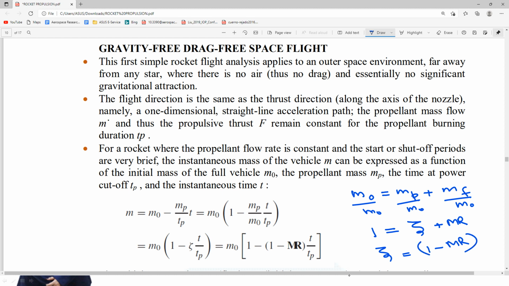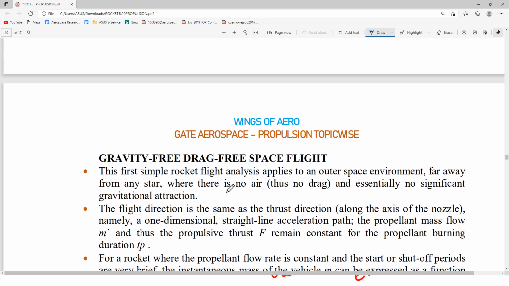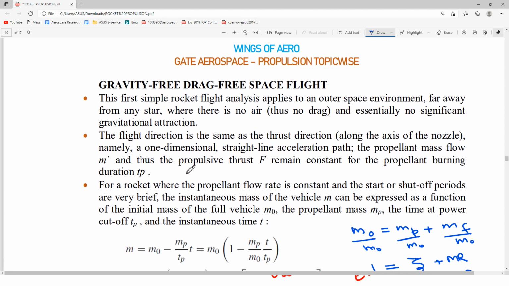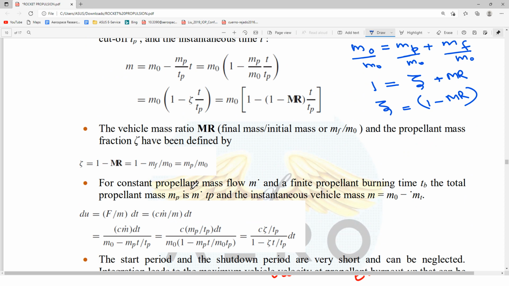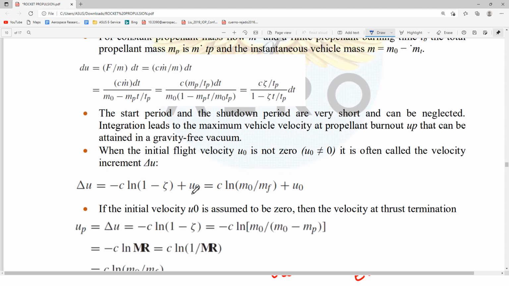So this is an equation that we have seen. Now if this kind of question comes, with a gravity free condition or no drag, or drag free condition, and they ask you to find the velocity, increment in velocity, velocity burn, or effective exhaust velocity, then in that scenario you have to make use of this particular formula.